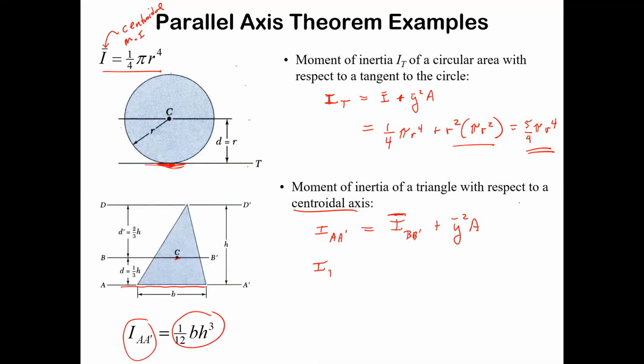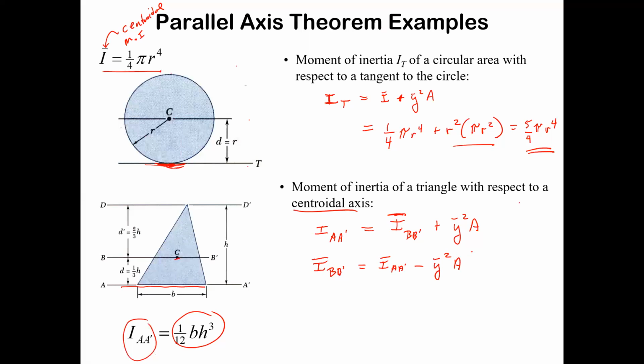So I_BB' is going to equal I_B' minus y bar squared A. So it's going to be smaller, right?